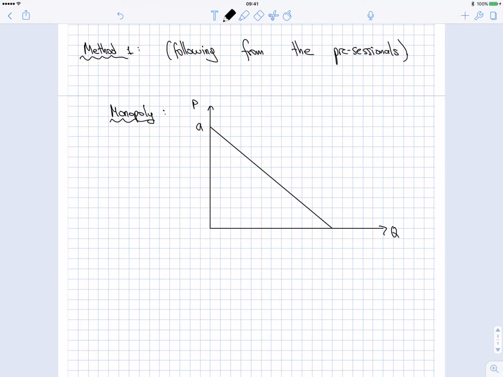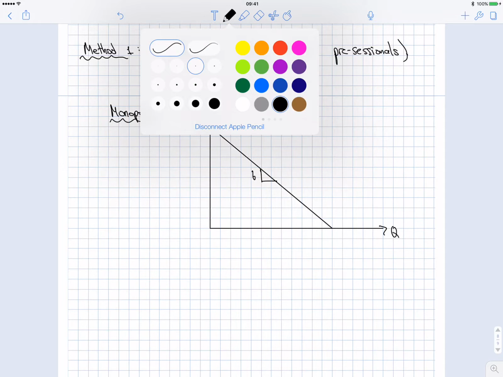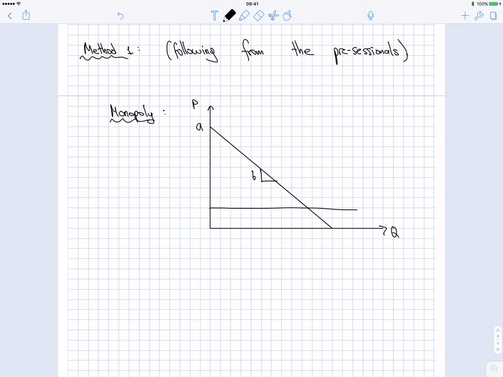Starts with A, it has a slope of B, and this firm has a marginal cost, and let's say that the marginal cost is equal to C. If you are a monopoly facing that linear demand with that constant marginal cost, where is your optimal price? Where do you maximize profit? What price gives you the maximum profit?